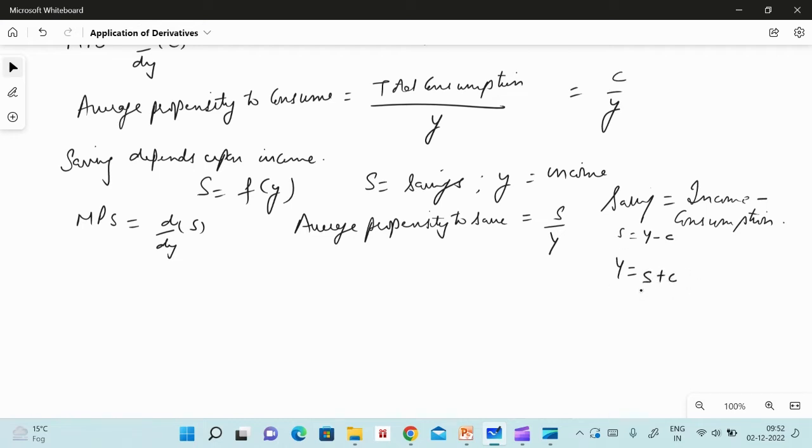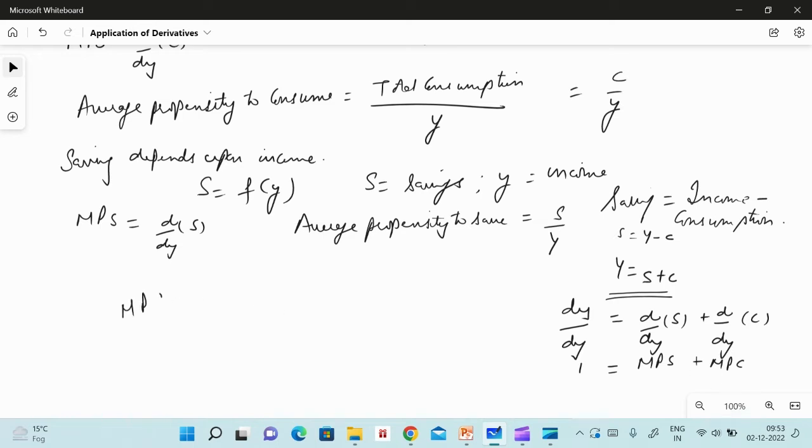So if we differentiate both sides, we will write it as dy by dy because it is with respect to y, and this is equal to d by dy of S plus d by dy of C. And dy by dy is equal to 1, and the derivative of S with respect to y is the marginal propensity to save, plus the marginal propensity to consume.